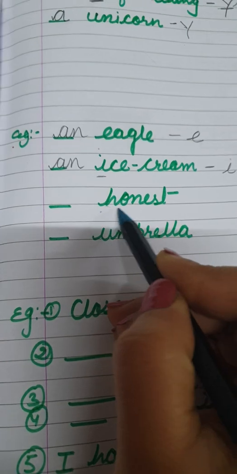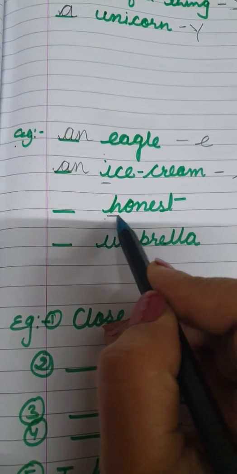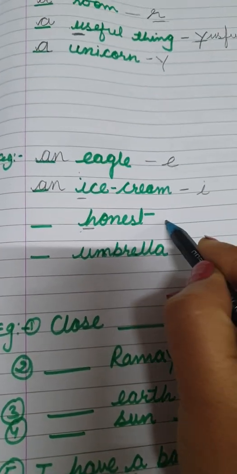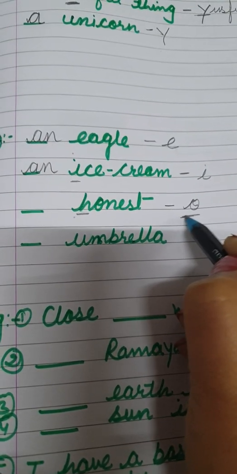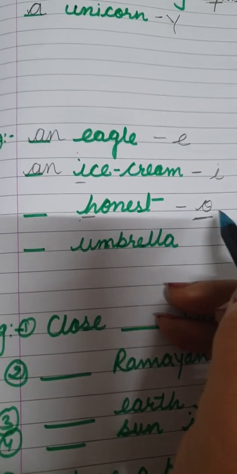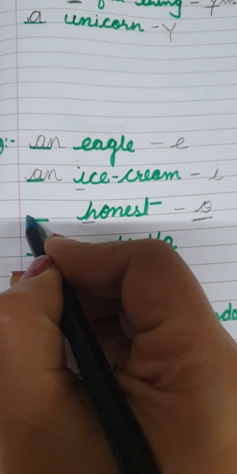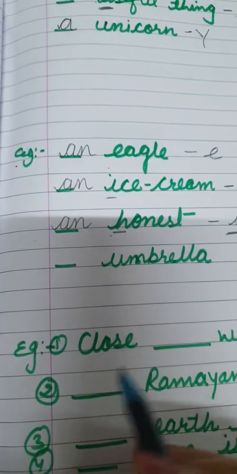Honest. Here kids, this word is starting with a consonant, but here H is silent. So the sound is O, honest, and here the vowel sound is in honest, so we are going to use an honest.